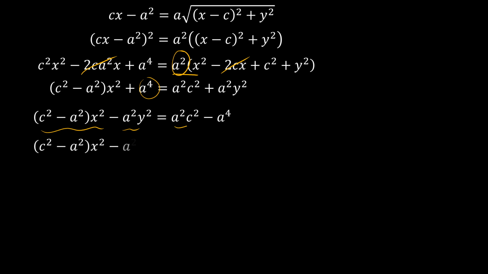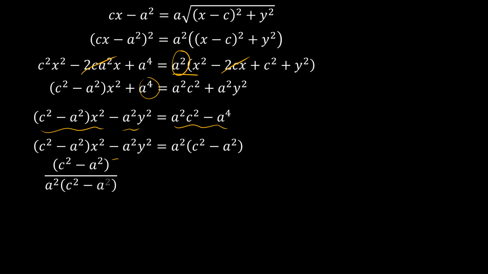On the left hand side, if we bring out the a squared, as you can see we have something similar to what we saw with the ellipse, but we have a minus sign here. Divide both sides by a squared times c squared minus a squared.